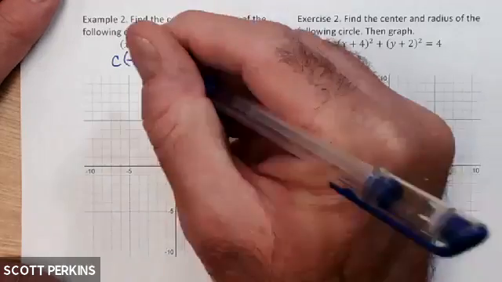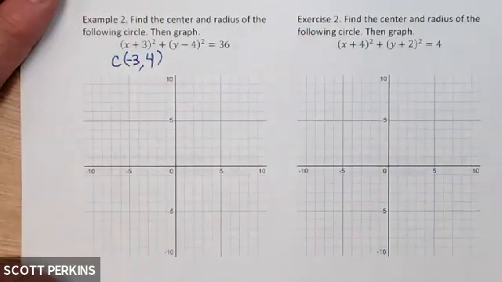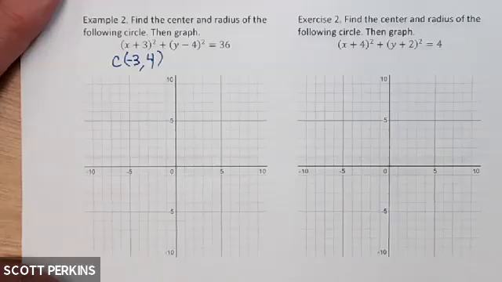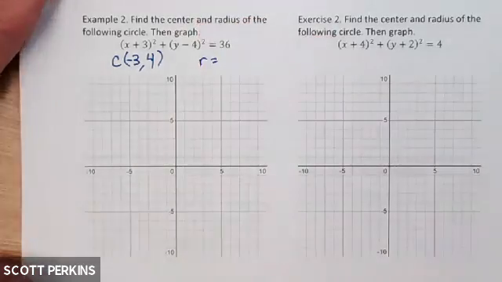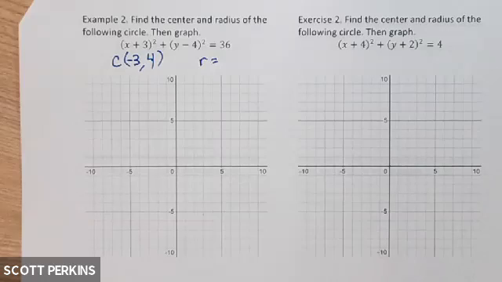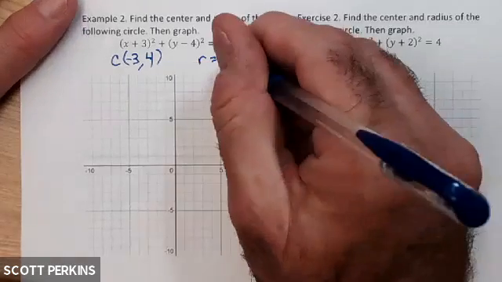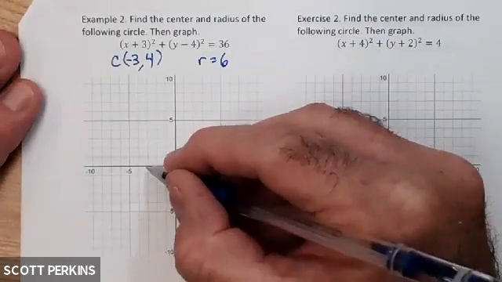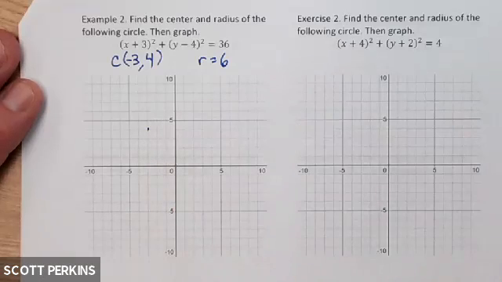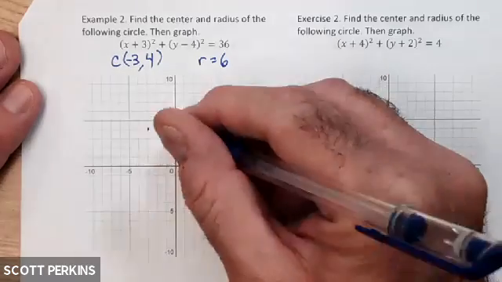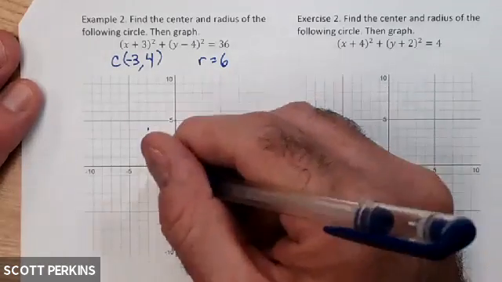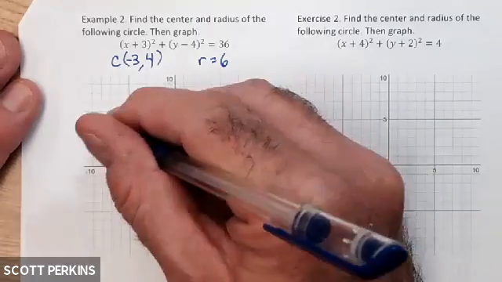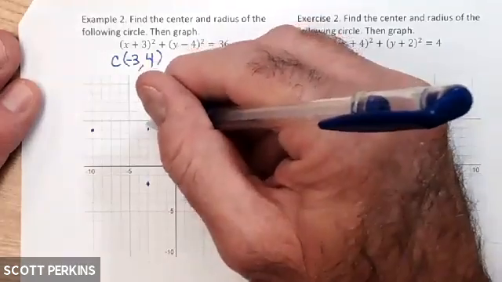Perfect, y minus 4, so the y coordinate is 4. Great job, there's my center. The radius is just the square root of the other side because 36 is the radius squared, so 6. So then -3 and then 4 and then 6 in each direction. So 6 right, 6 down, 6 left, and then 6 up.